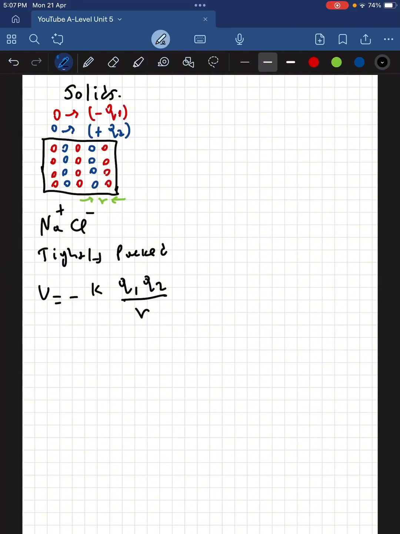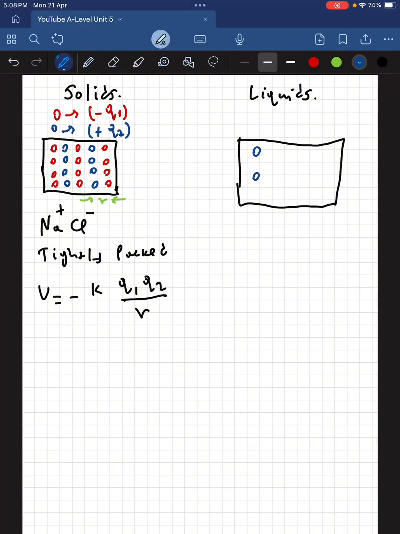Now let's go see what liquids look like. I'm gonna use the same ions as before, and now we will have a situation that will look like this, for example. These are my positive ions and these are my negative ions. They are still there, this whole thing is still bound, but R, the distance between a positive and a negative ion, is larger.